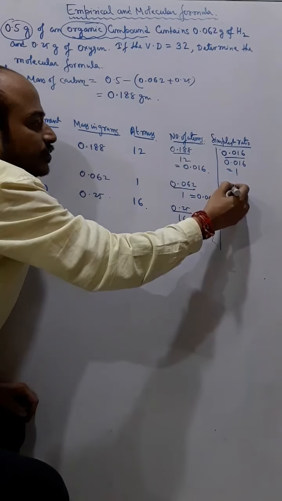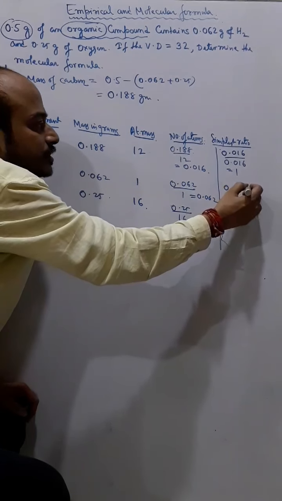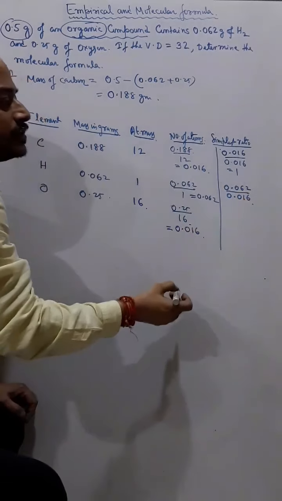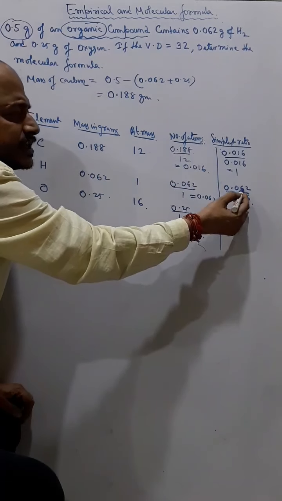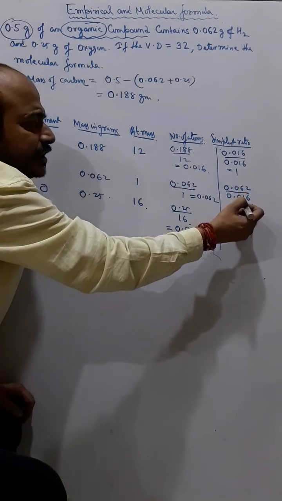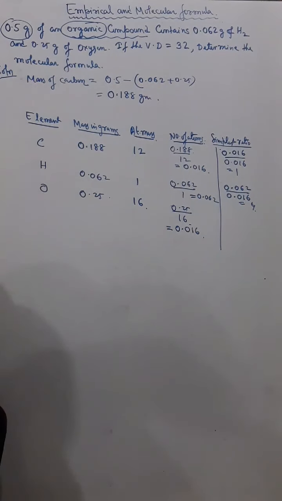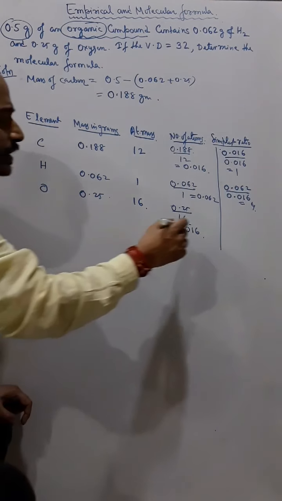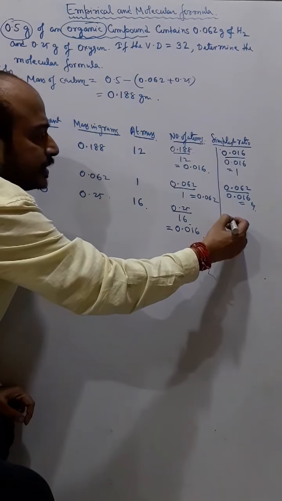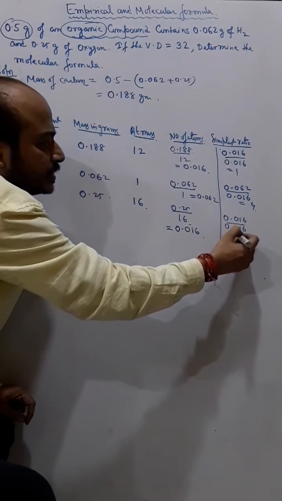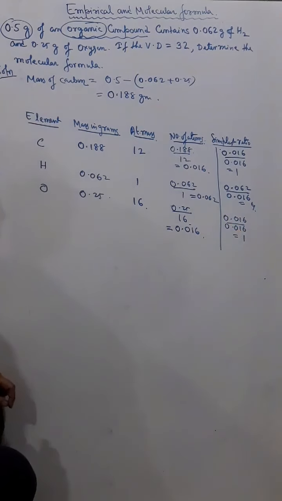Similarly 0.062 by 0.016. You can understand 16 into 4 is 64, so approximately it will be 4. I have told you, we will write all approximate values. And again here also 0.016 by 0.016 and we get 1.